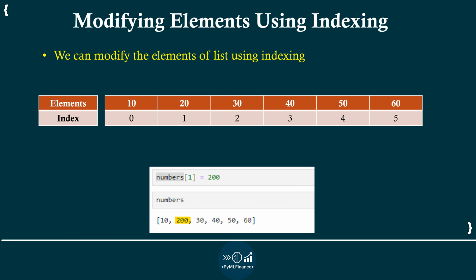Here you can see we have this list, and if you want to change the first position, that is, instead of 20 you want to have 200, you can simply change that value in this way: the list name, the index position, and then equal to the value you want to give. Now if you check the list, you have changed the value at index 1. Now we have 200, earlier it was 20.